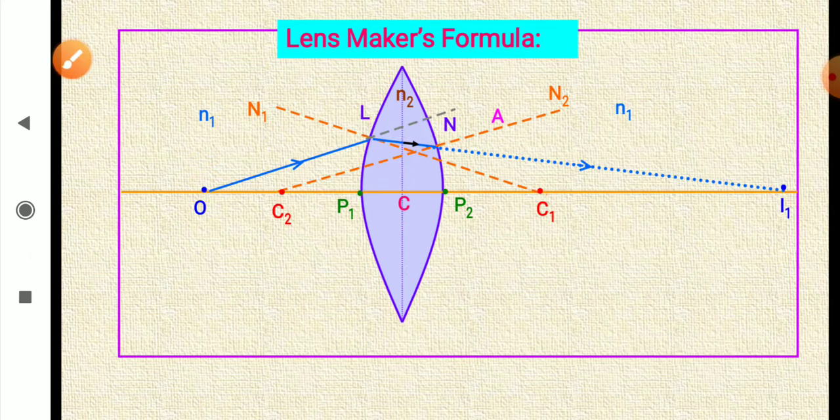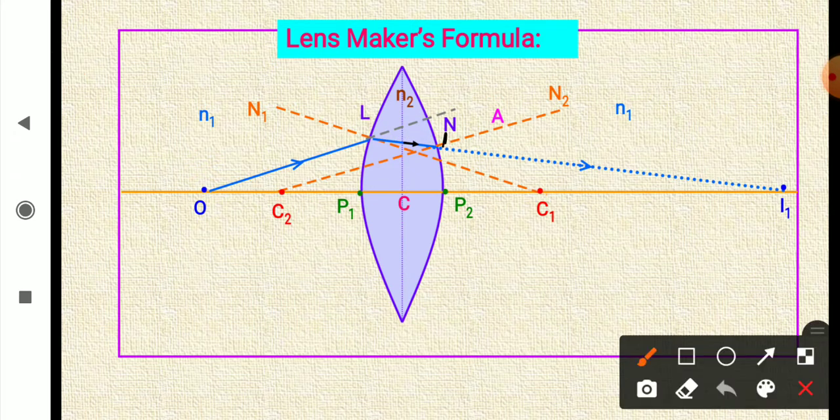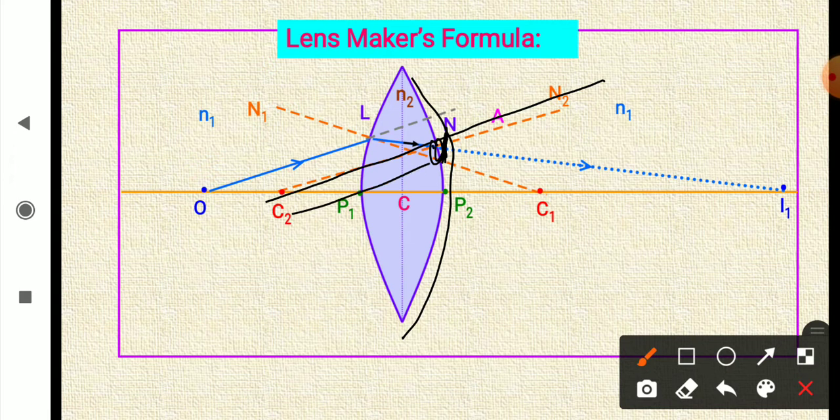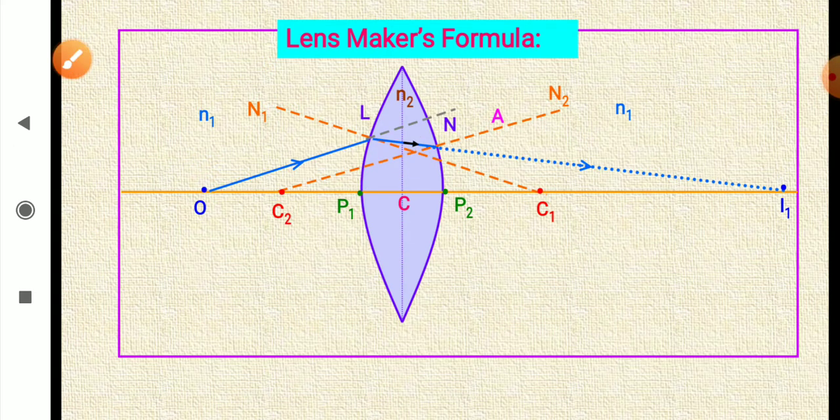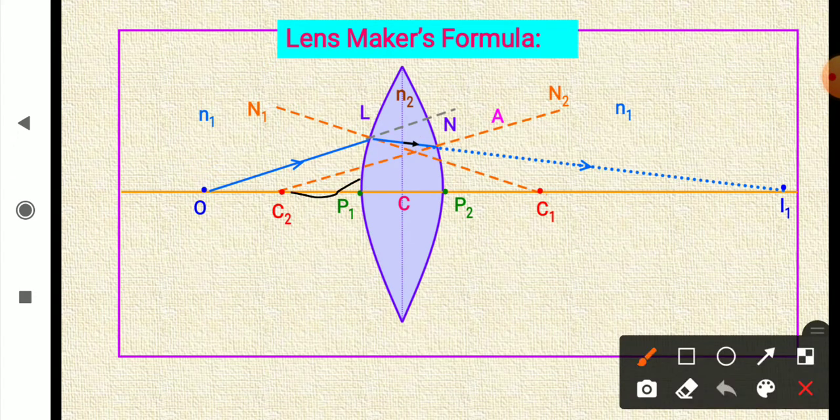So what is happening now? At this point, the light ray is entering a rarer medium. So at this point I have to draw a normal first. So for the second surface, the normal is this one, C2 N2, right? And now this is C2 N2, and the light will bend away from the normal.